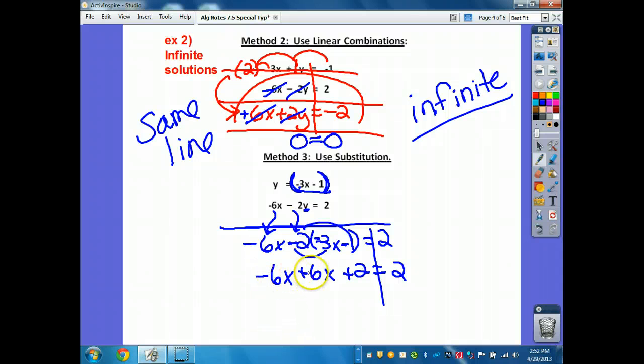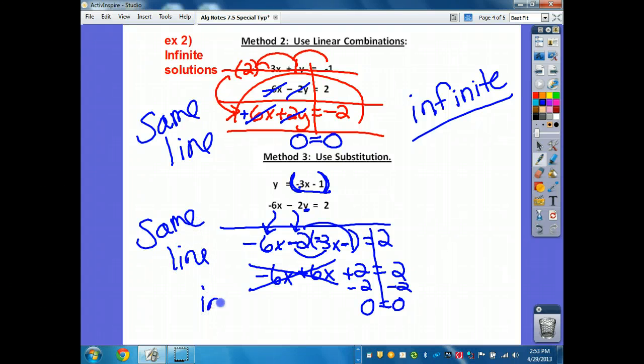My negative 6x and my positive 6x. They cancel. Now I'm down to 2 equals 2. Do I really even need to go any further? If I did, I could minus 2, and I'd end up with 0 equals 0 again. But they're the same, so we know that they're the same line. Again, infinite possibilities, infinite answers.